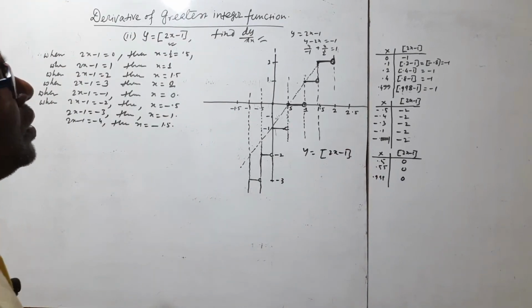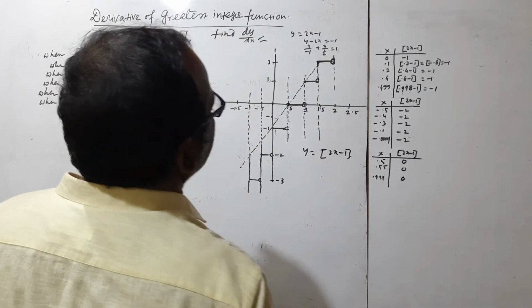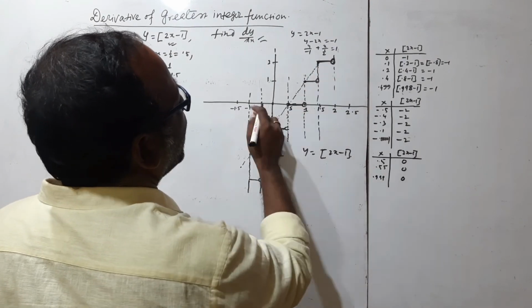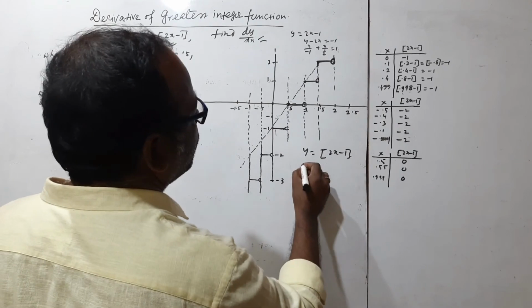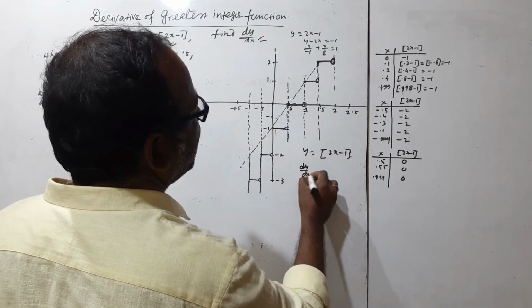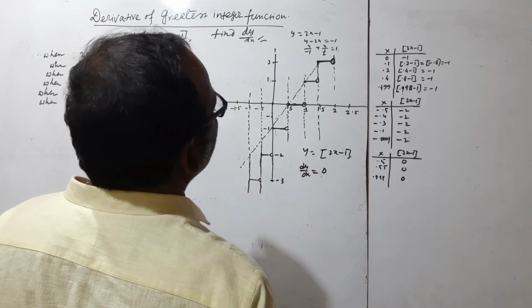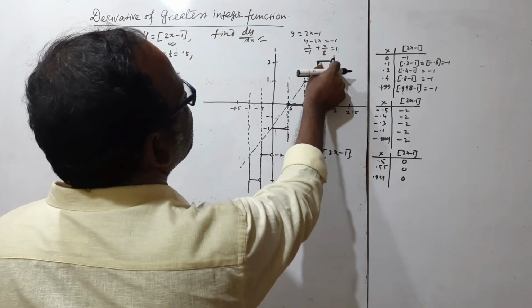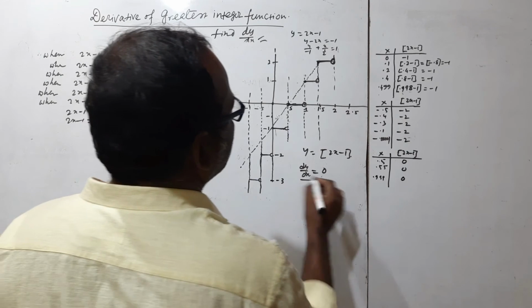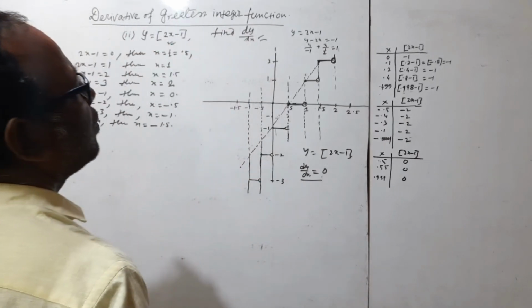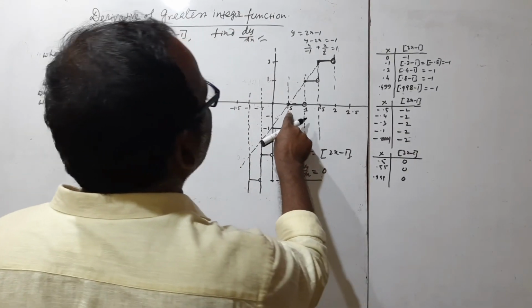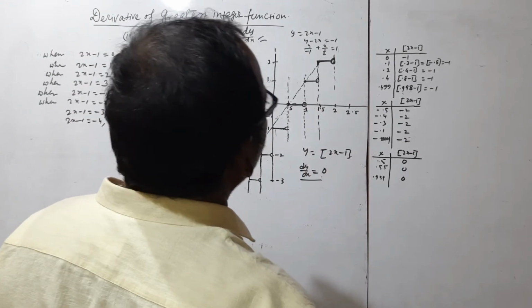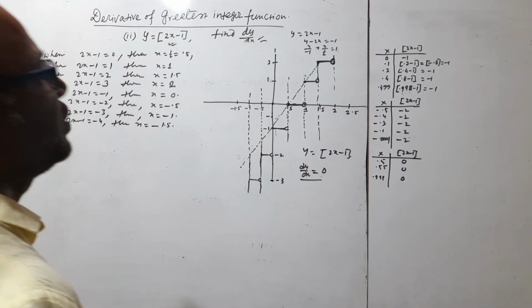See, for this function, and this line, all are parallel to the x-axis, so dy by dx is 0 when the value of x lies between these, this to these, this to these. But exactly at 0.5, 1, 1.5, at that point it is not differentiable.